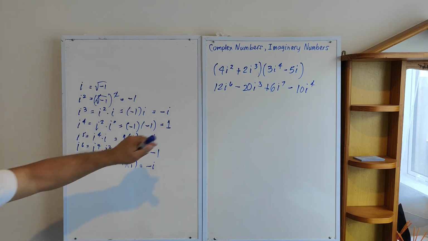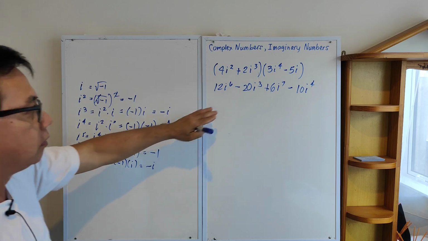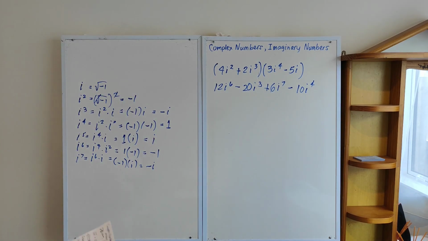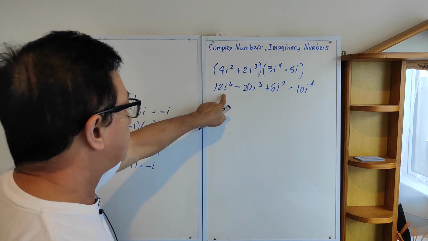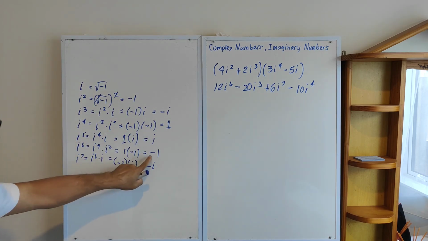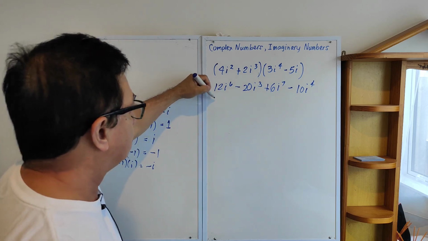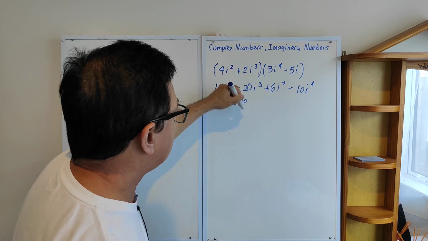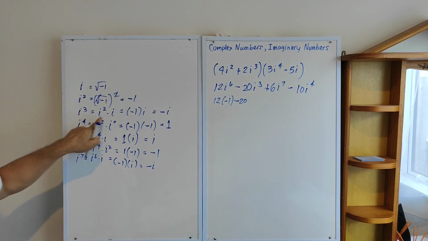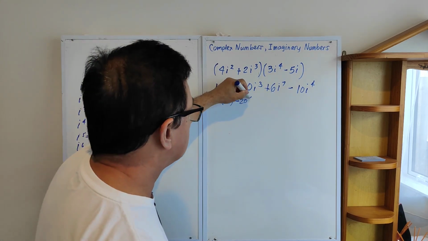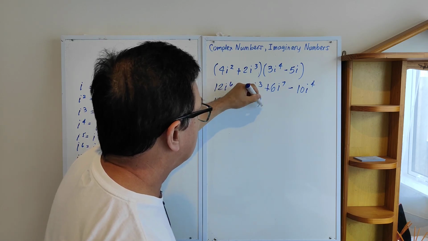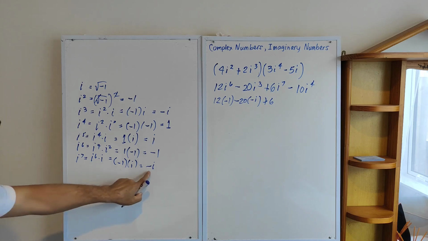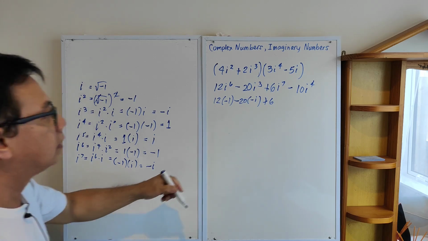So we'll just use this table to substitute for the i with higher exponents. So 12i to the 6th. i to the 6th would be negative 1. So 12 times negative 1, minus 20i cubed, where i cubed would be negative i. So let's replace it with negative i. Plus 6i to the 7th, which would be negative i as well.